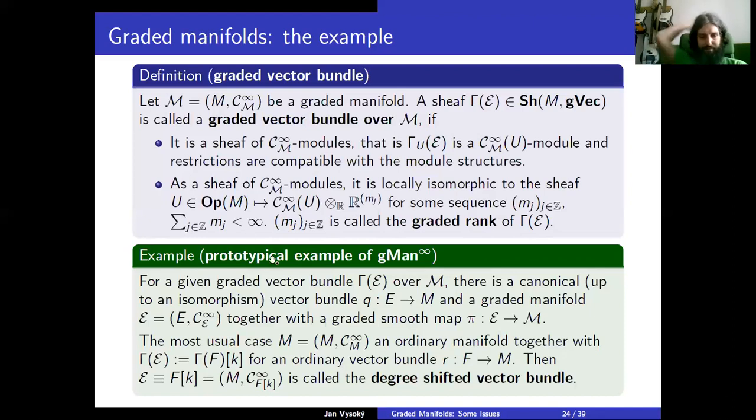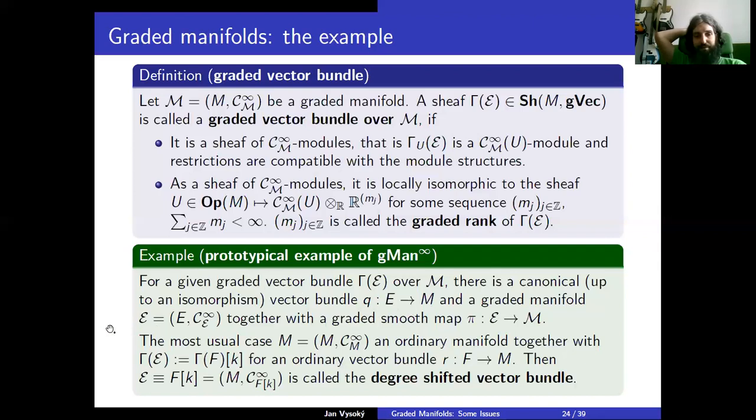And there is this prototypical example of graded manifolds. I take my graded vector bundle over some graded manifold M, and I can define an ordinary vector bundle over M and a graded manifold over this vector bundle.